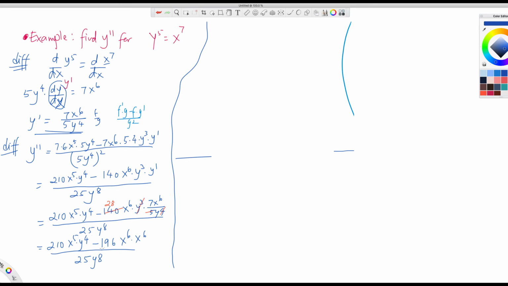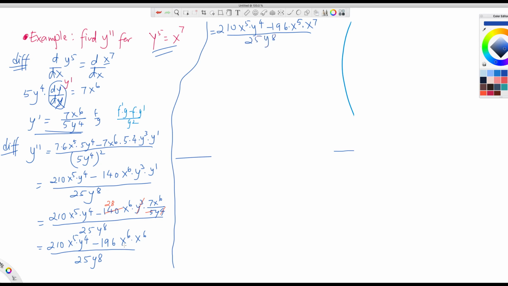Now what do you do next? I want to write the numerator slightly differently so that I can use the given thing. So that is 210 x to the 5 times y to the 4 minus 196 times x to the 5 times x to the 7, over 25y to the 8. Why did I do x to the 5 and x to the 7?